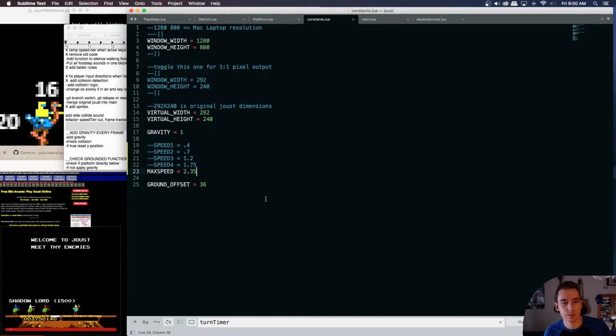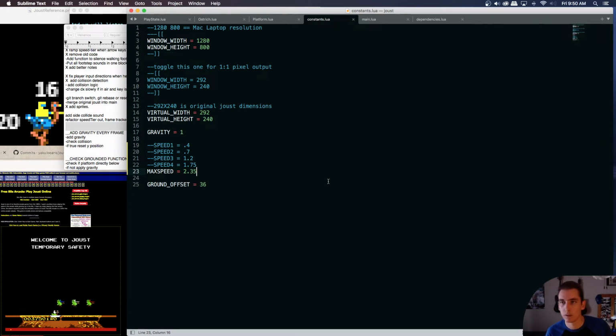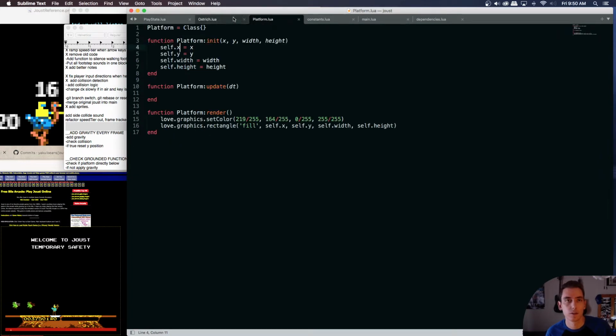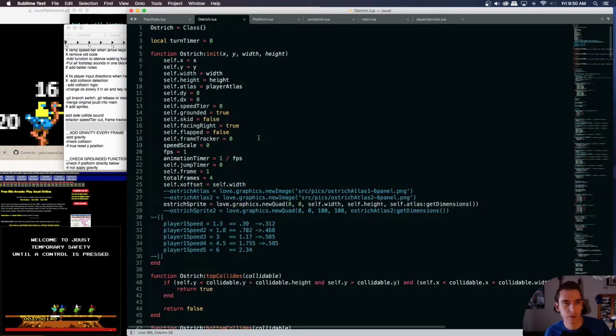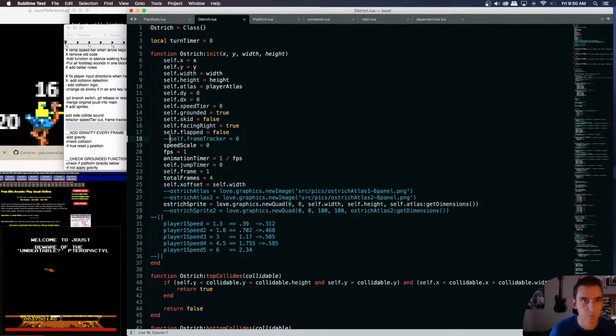So I guess let's just start here. And we're going to say we don't need this frame tracker anymore. We don't need speedTier anymore.